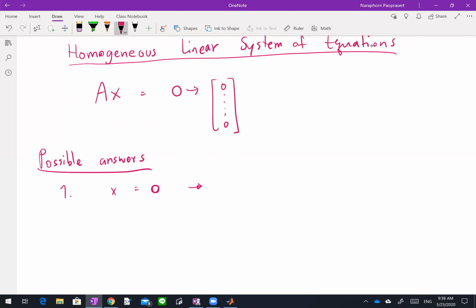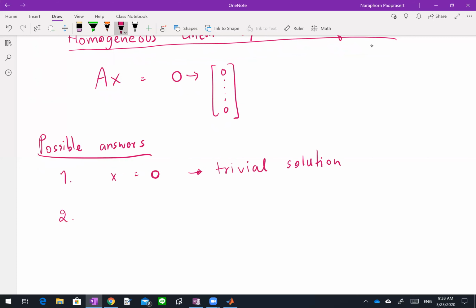This is so easy, and we call it a trivial solution. It's a solution that's really easy to find, and you don't really care about it because when X is all 0, nothing is interesting. The second case is the one that is more interesting. This is when X is not all 0.